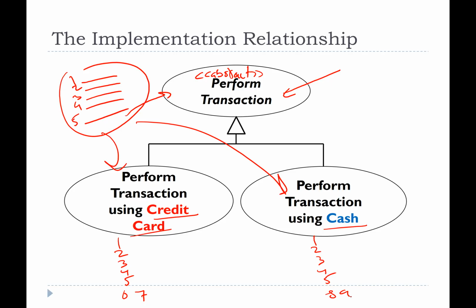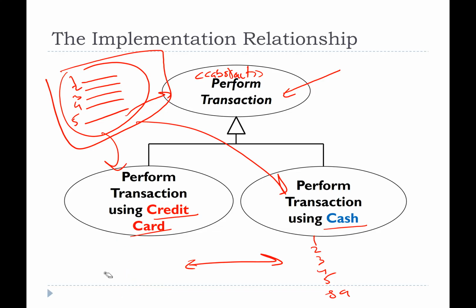Now, if I just execute this at the top only, nothing has happened. Without the 6 and the 7 or the 8 and the 9, nothing has actually happened. At the same time, I see 1, 2, 3, 4, 5 is exactly the same between those two. I don't want to keep writing it over and over again. What I actually want to be doing is come over here, write the 6 and the 7 only, and come over here and write the 8 and the 9 only.